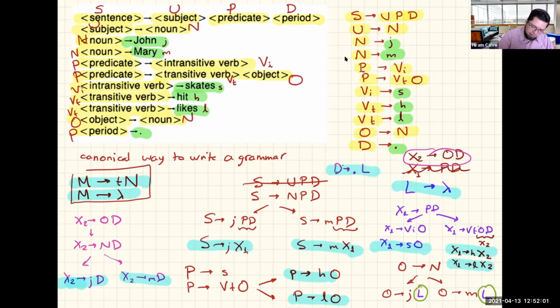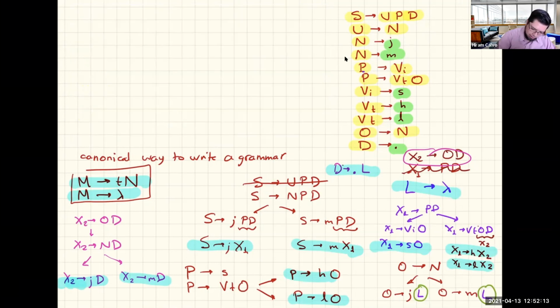This will help us. I will erase this one. With this, we can do the following, and that's what I want to show you. Starting with S, we will take this, and this will be our starting symbol. So we have start, and we will draw it as a symbol. And by using our newly created rules, we will say we have JX1 or MX1.